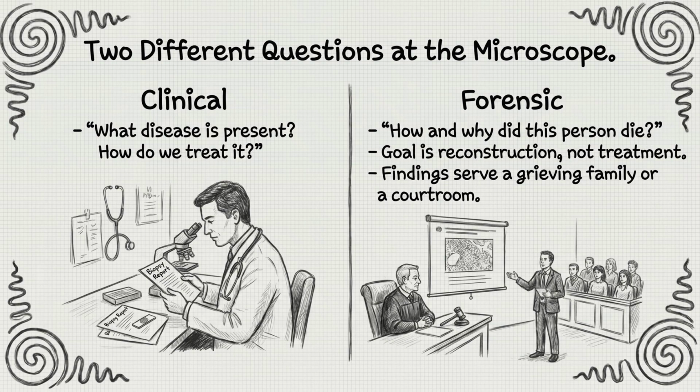They may help a family understand what happened to someone they loved. They may determine whether a death is ruled natural or homicide. That is a fundamentally different role, and it demands a different mindset at the bench. You are no longer supporting treatment. You are helping reconstruct events. We'll explore these different roles more deeply now.